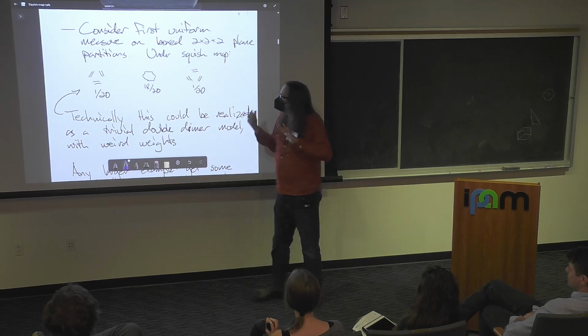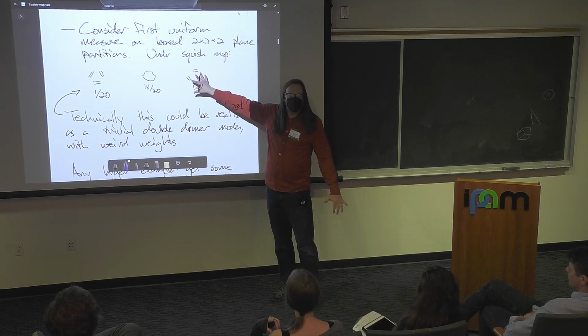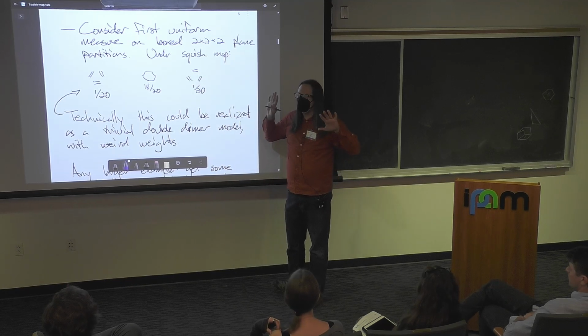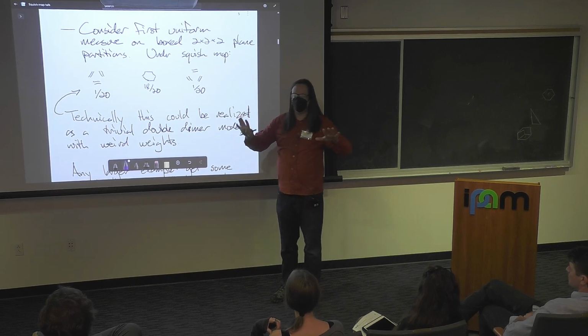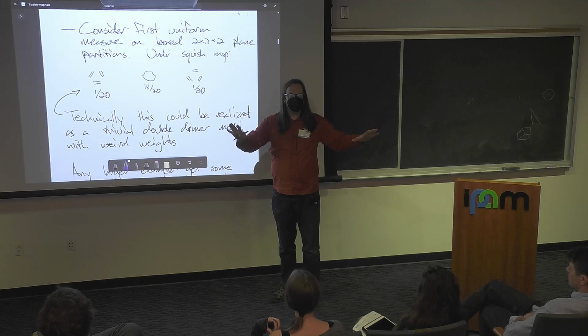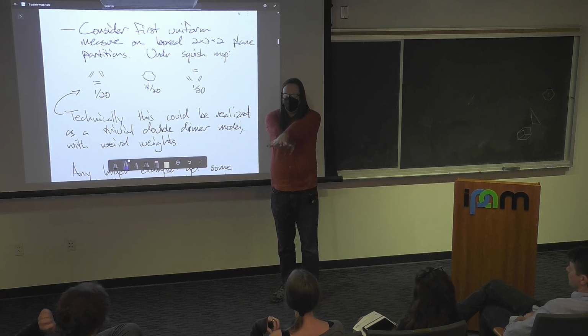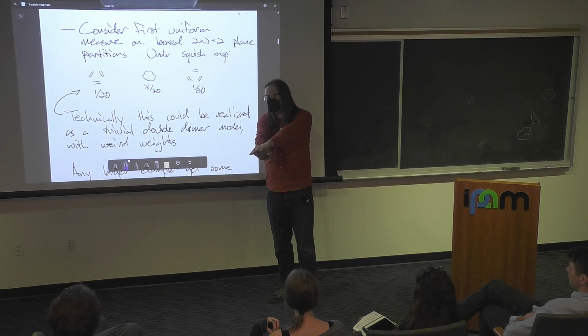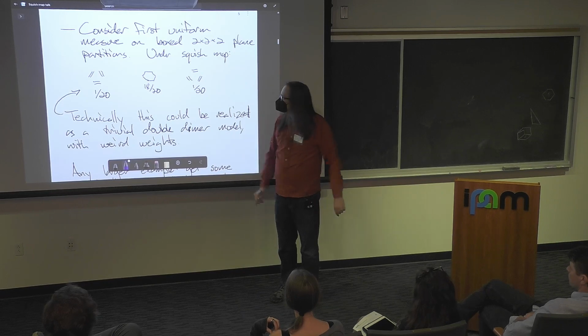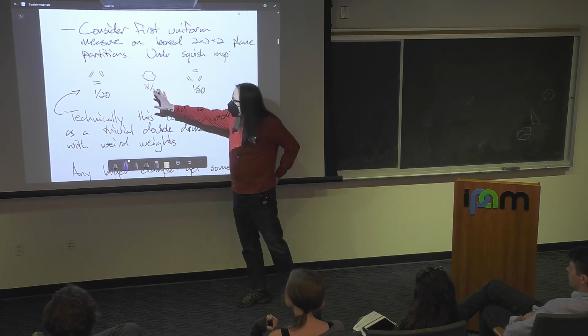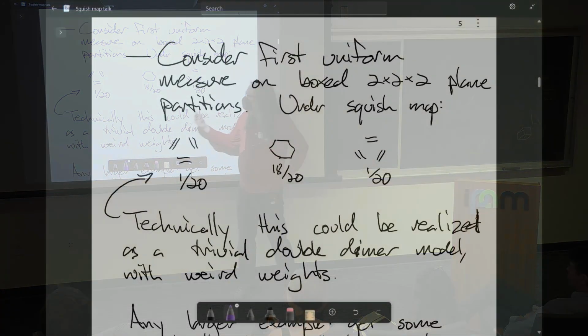So the question is, what is this probability measure? The first thing that you think of is, well, maybe it's just 2 independent single dimer models. If you have 2 independent single dimer models on the same graph and superimpose them, you get a probability measure on the double dimer model, but it's sort of trivial, and that's what we will call it. This can be represented as a trivial double dimer model.